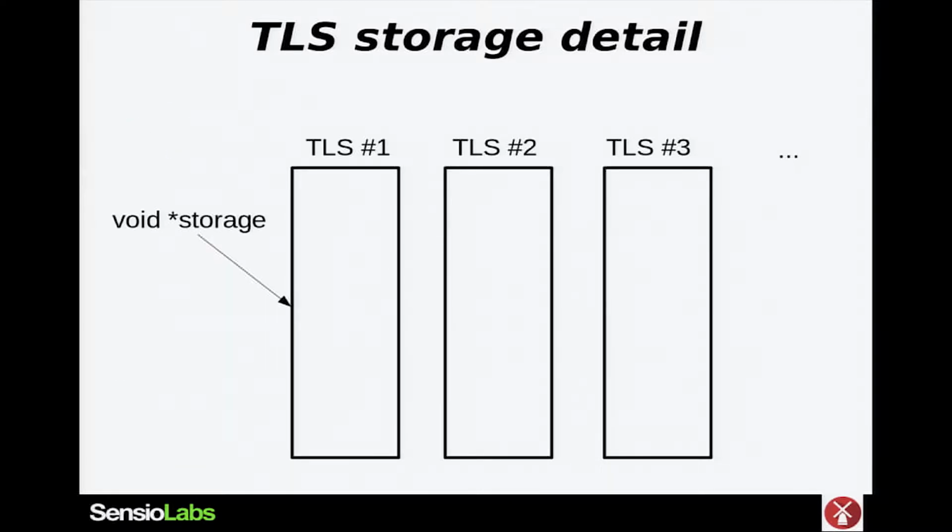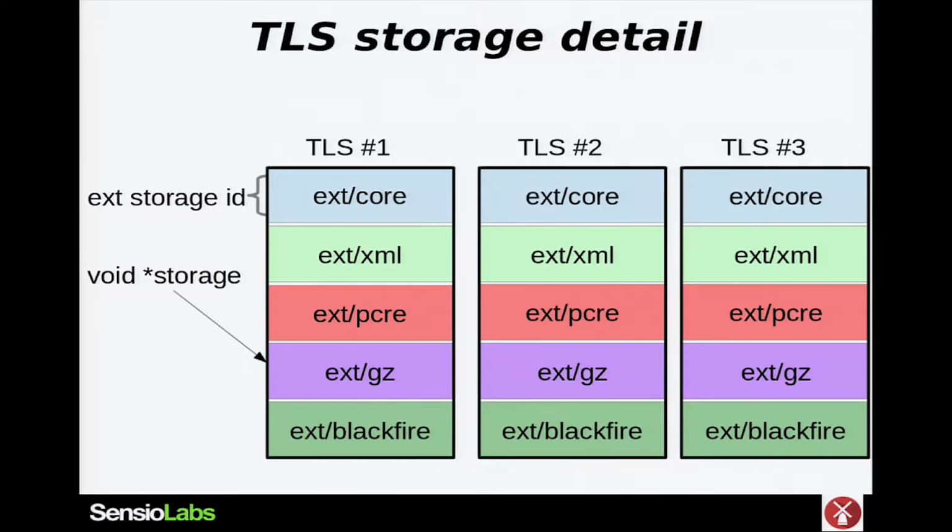The storage is the TLS storage for each thread, okay? And in that storage, we use our ID to grab our own globals. If you don't use your ID, you can access the globals of another extension of PHP, okay?